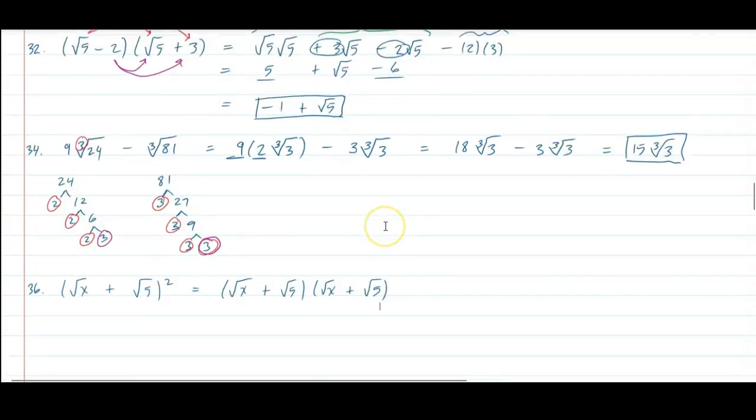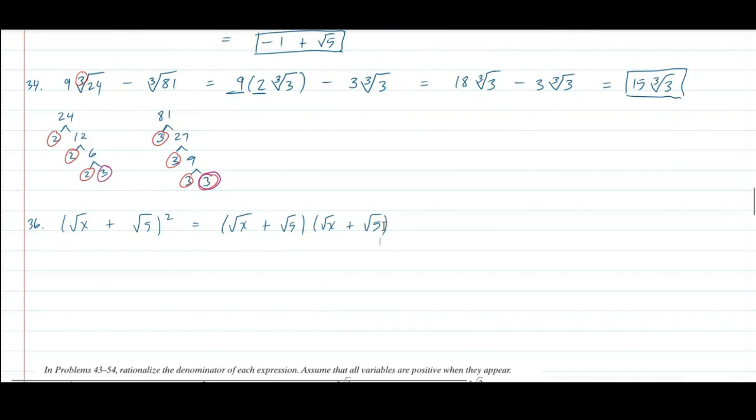Now you use a similar method as we used in number 32, and you use the FOIL method, and you're going to be multiplying the root of x times the root of x, and you're going to multiply the root of x times the root of 5. Okay, so that's the whole point in that first piece. Then you're going to multiply the root of 5 to the root of x, and then the root of 5 to the root of 5. So that's the FOIL method for you.